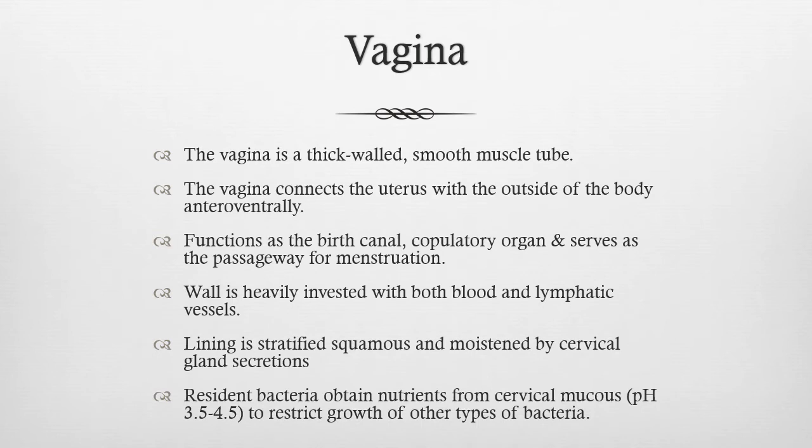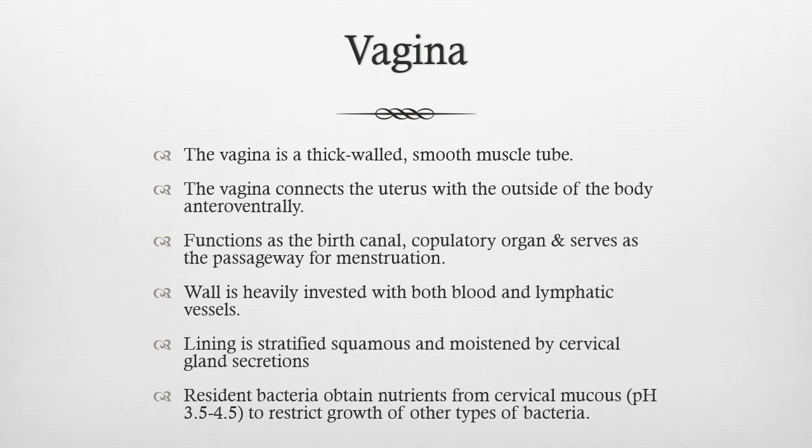In order to do essentially just about everything for reproduction for the female, the vagina is needed. And so the vagina is there as the birth canal, it's there as the area for menstrual flow to go through, as well as the copulatory organ for reproduction itself for females.